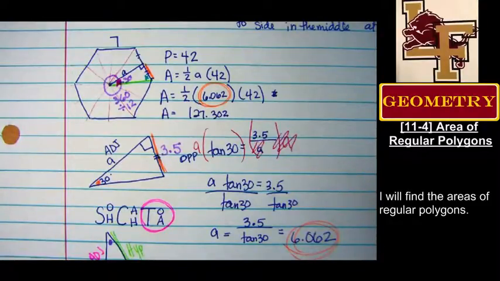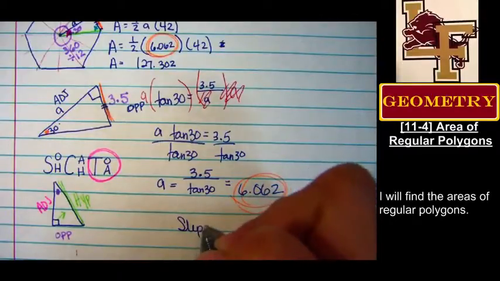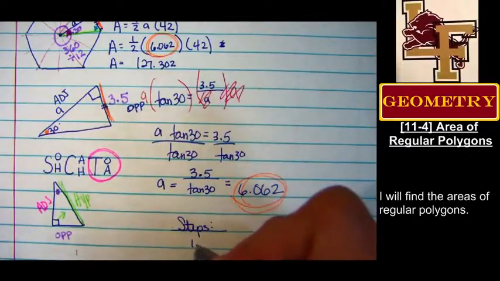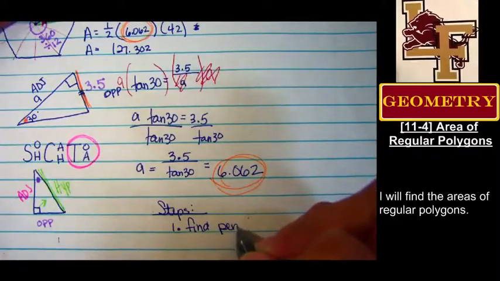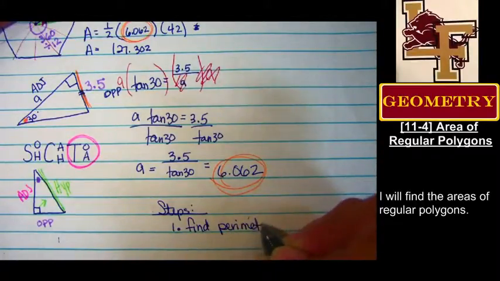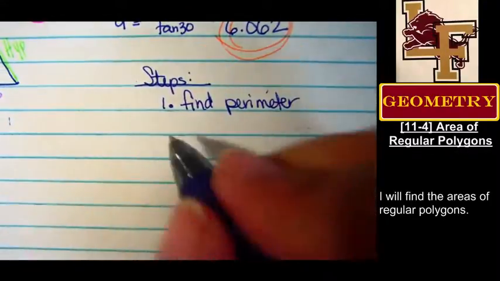Do you want me to write out the steps you should take? Yes? Okay. We'll put them here. All right, steps. Step number 1. Find perimeter, because that's going to be the easiest thing for you to do. 2.